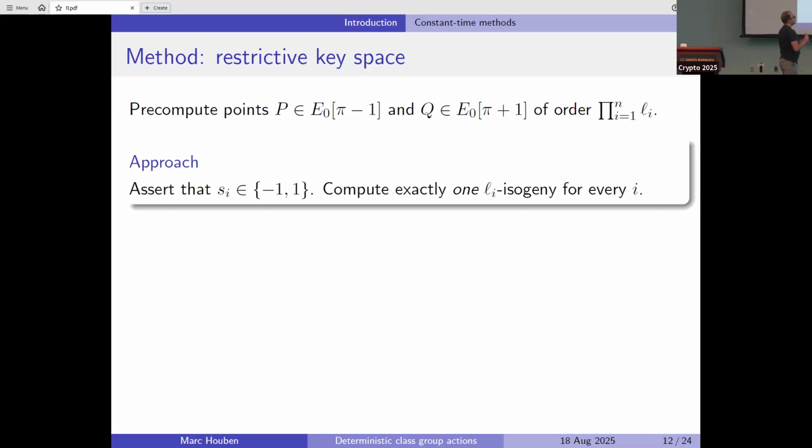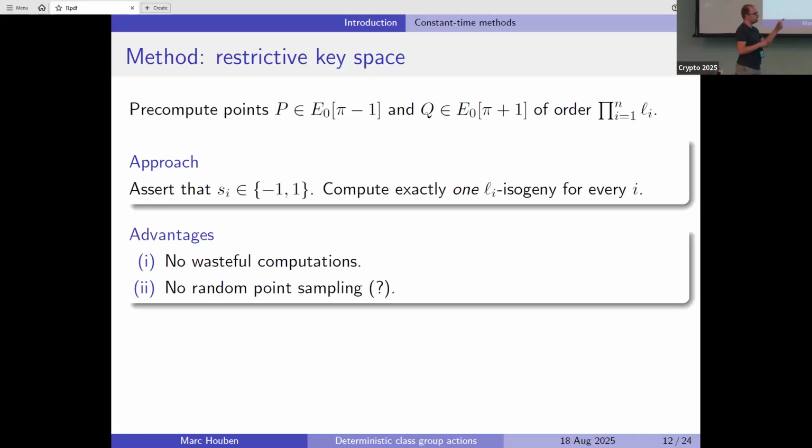So we could ensure that we always do exactly one ℓi isogeny for every i. And this looks better because it's certainly constant time, we're not wasting anything. We seem to even avoid this issue of expensive random point sampling because we already have the points.